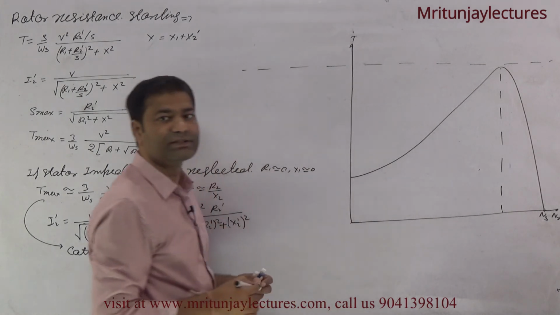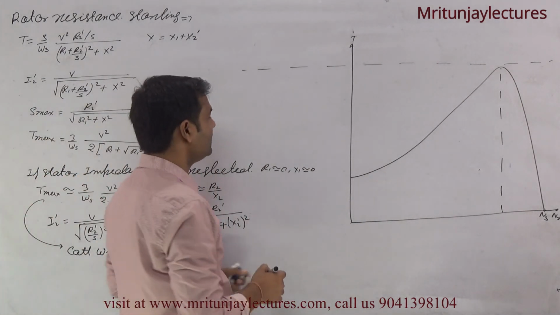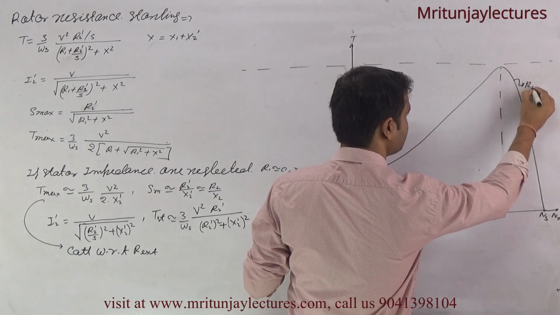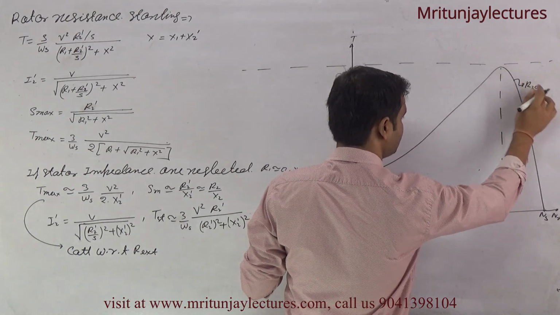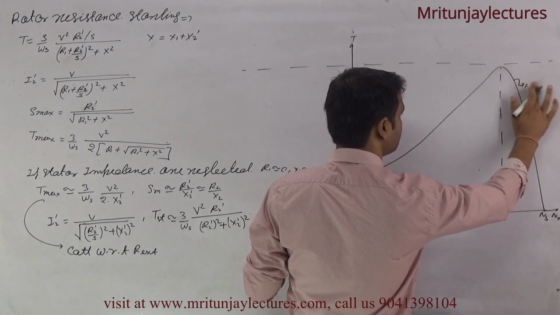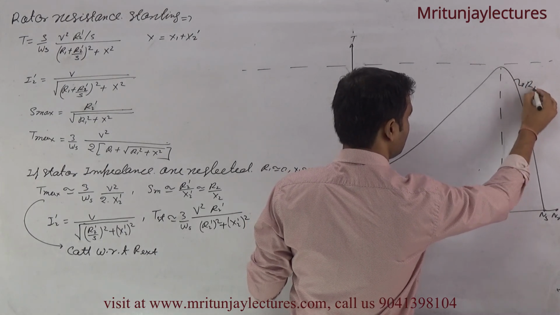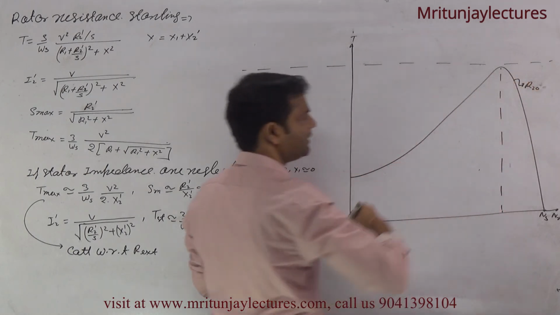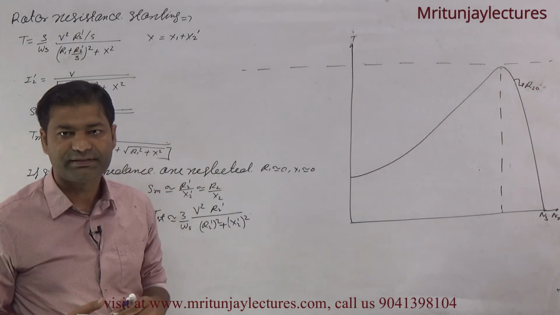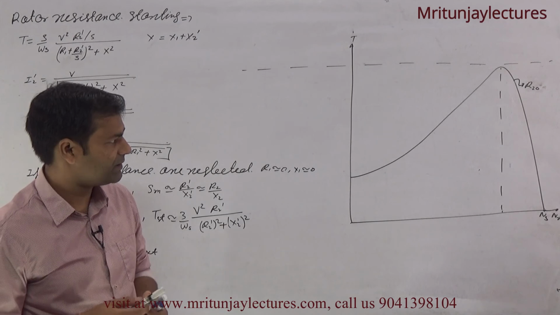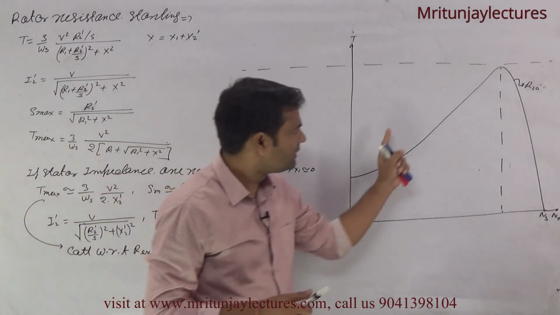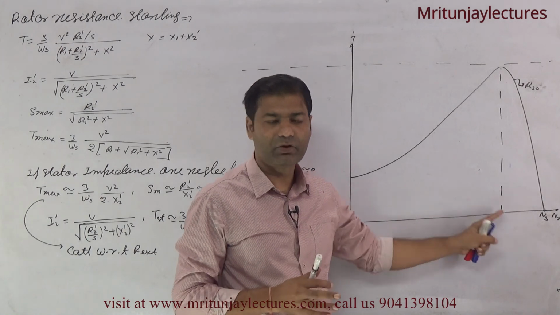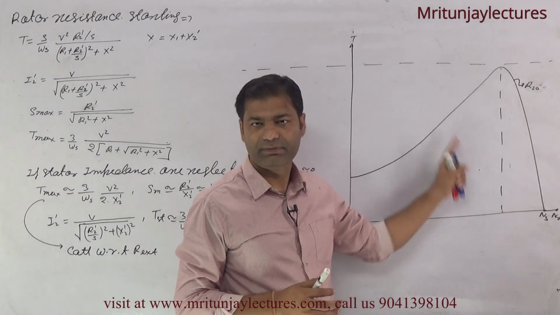If external resistance is not added, this graph corresponds to R20 dash. You can say that if external resistance is not added to the rotor resistance per phase, then this is the relation between electromagnetic torque and speed, like this one.